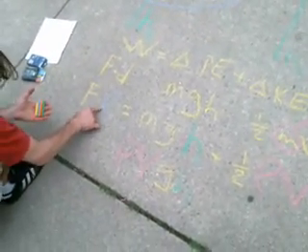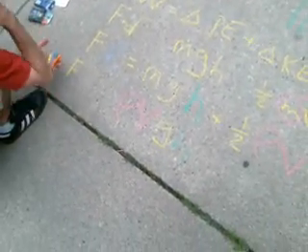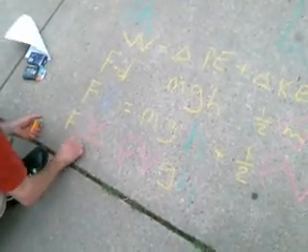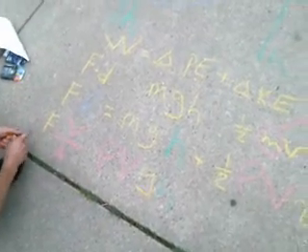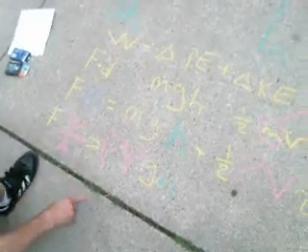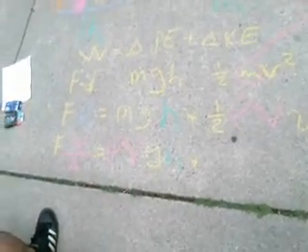So the force could be multiplied by a volume divided by an area. Okay? So that then is equal to the rho VGH plus the 1/2 rho V for volume, little v for velocity squared.